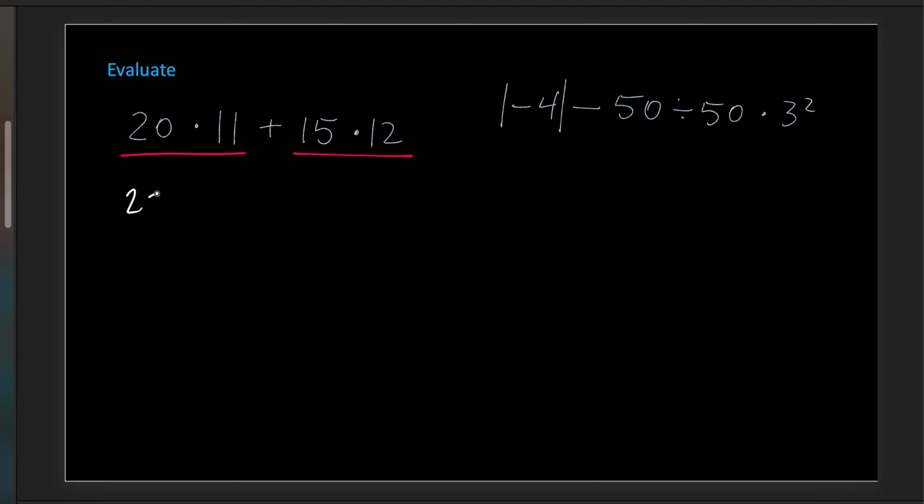So 20 times 11 is 220, plus, and then 15 times 12, which I don't know off the top of my head. I have to hand write it out. 180. So then we're looking at 220 plus 180. And that's 400. So the answer to that expression is 400.